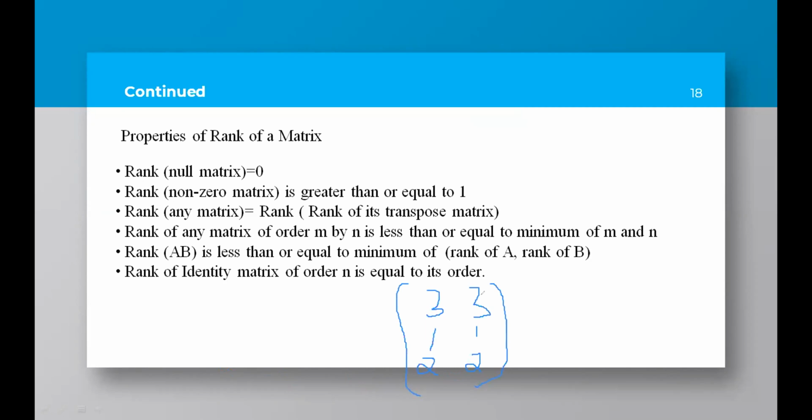We can't apply the determinant here because it is not a square matrix. Determinant is applicable only for a square matrix. So you have to apply the rank, using the row reduced echelon form. What's the rank of this one? 2. Are you sure?